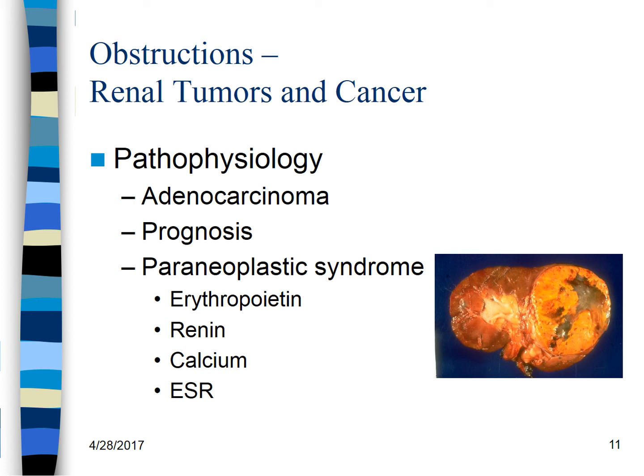So you may see increased or decreased erythropoietin. You may see an increase in renin, which can cause hypertension. You may see an increase in parathyroid hormone, which will cause an increase in calcium. And you may see an increased ESR, which is erythrocyte sedimentation rate.